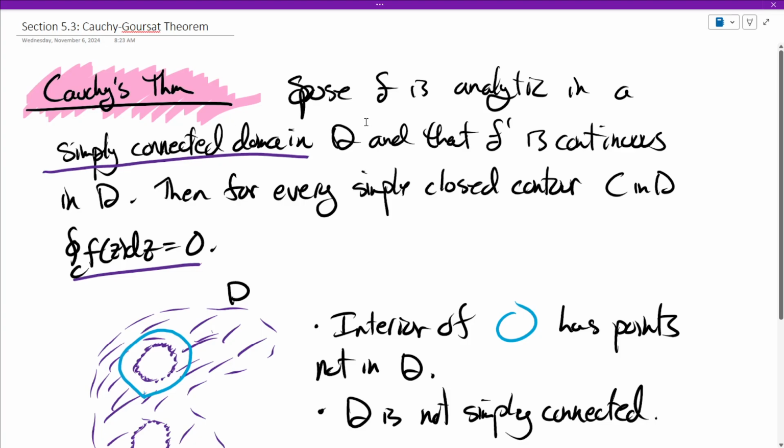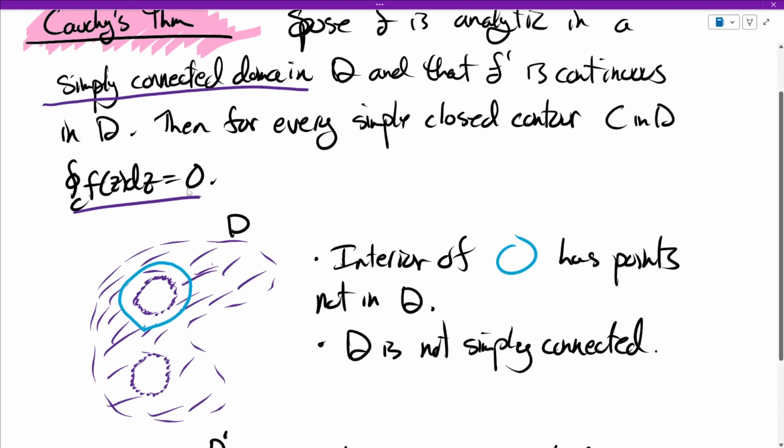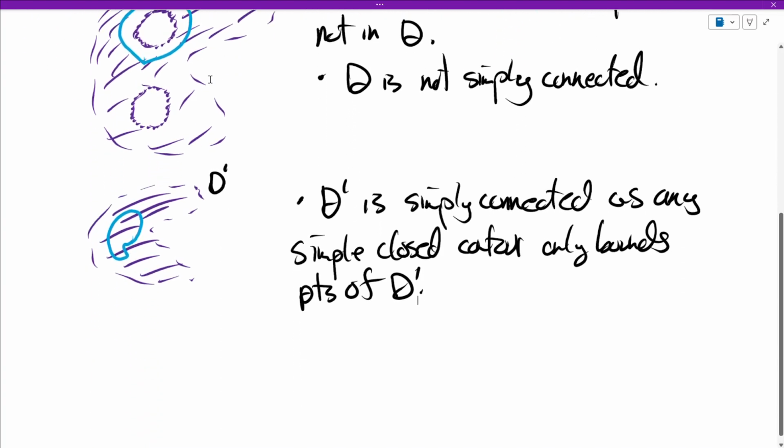That's what simply connected means. And if you're analytic and your derivative is continuous, then the integral over every simple closed contour is 0 within the domain. We'll prove this in the next video, but let me point out why you need simply connected.